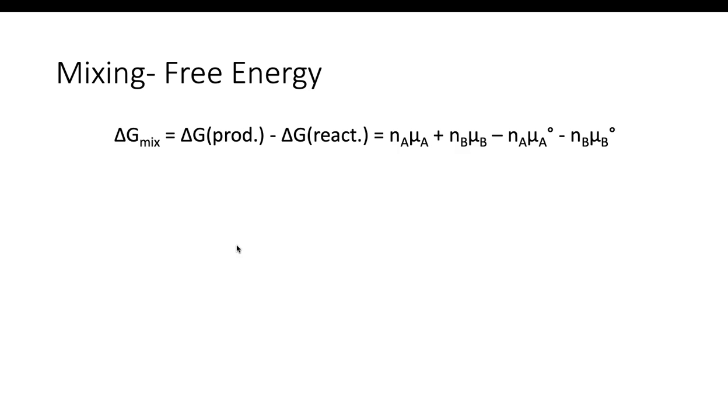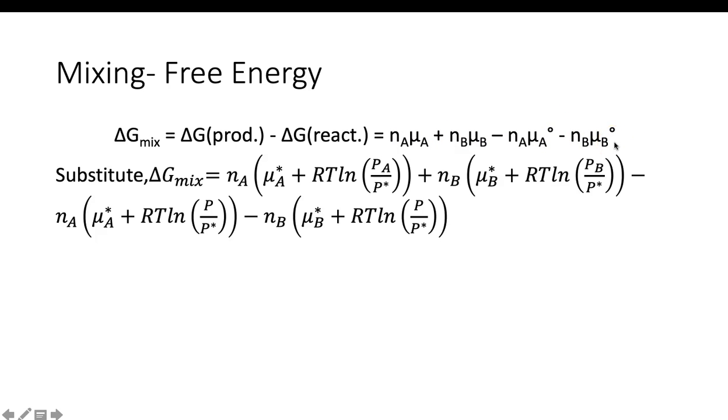It's products minus reactants. And so we can set this up, number of moles of A, number of moles of B in the products chemical potential, and then number of moles, the reactants chemical potential. And so we can substitute in all of those four equations from the last slide into mu A and mu A 0.